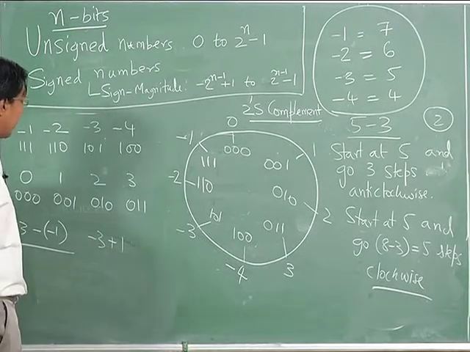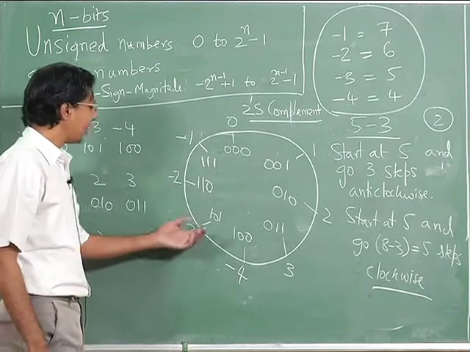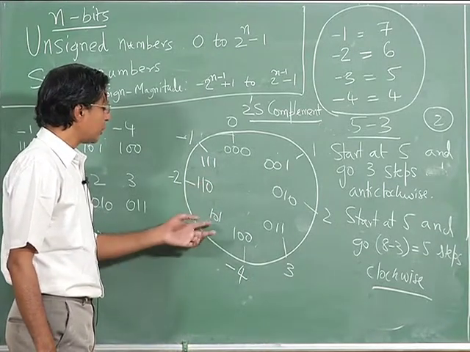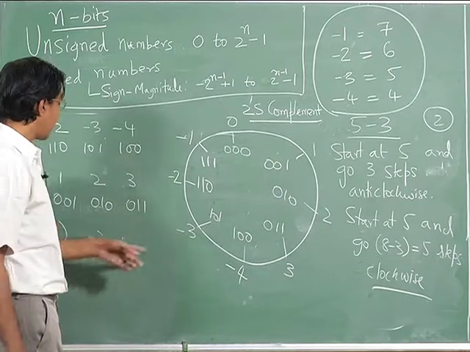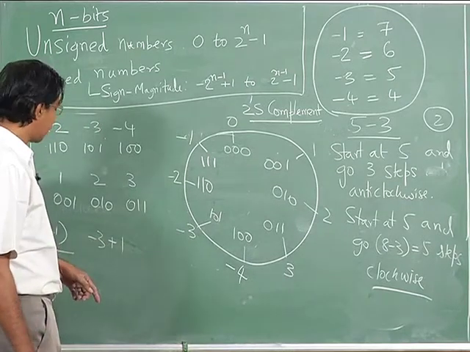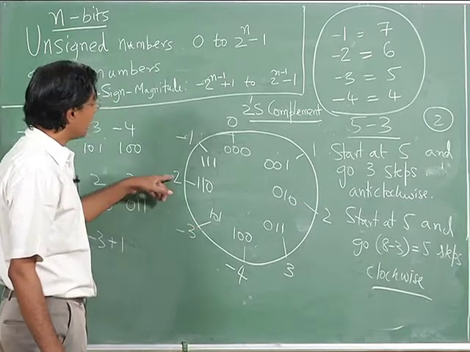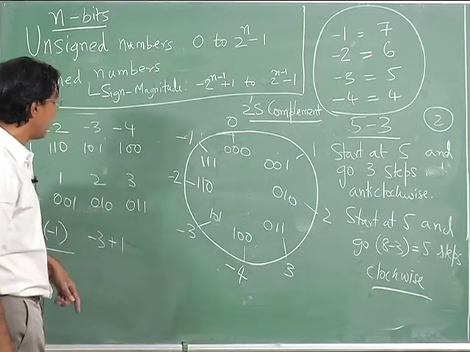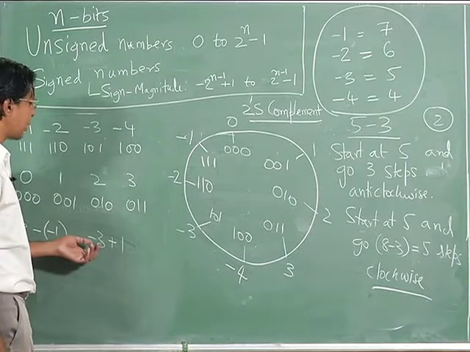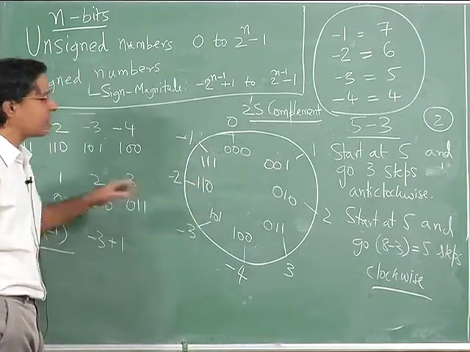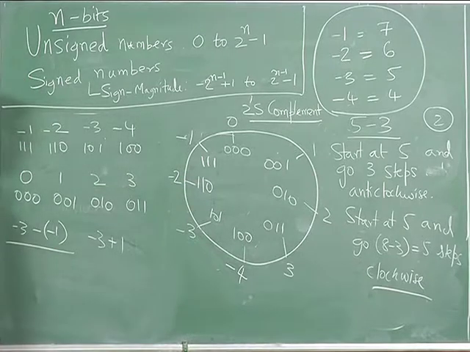So if I want to do minus 3 plus 1, I give the representation of 101 and 001. So minus 3 plus 1 is what? Minus 3 plus 1 is minus 2, right. So if I give the representation of 101 and 001, automatically I get 110, right.